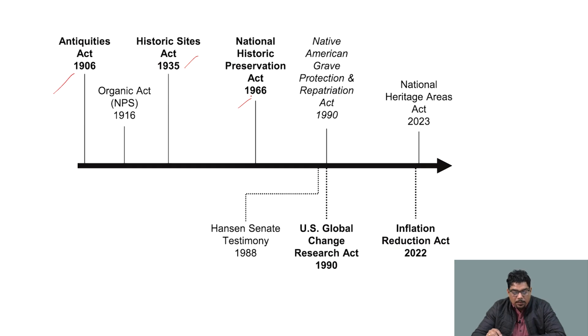Then in 1990, we see the Native American centered program, the Native American Graves Protection and Repatriation Act. And before that, we see the Hansen Senate Testimony in 1988. At the same time as 1990, we have the US Global Change Research Act. And then in 2022, the Inflation Reduction Act, and by 2023, the National Heritage Areas Act. So this has been the major trend of heritage-centered actions in the United States of America.